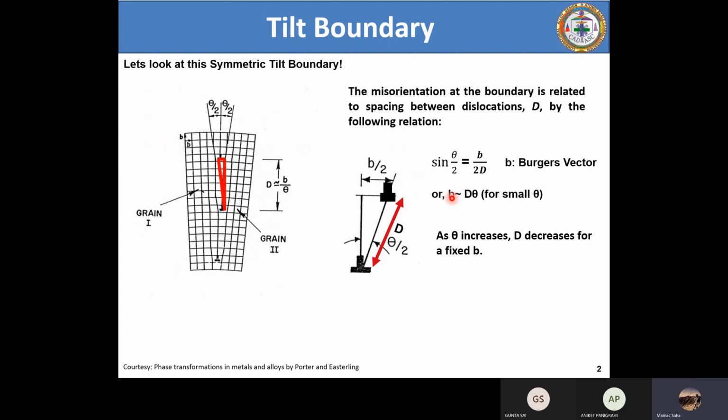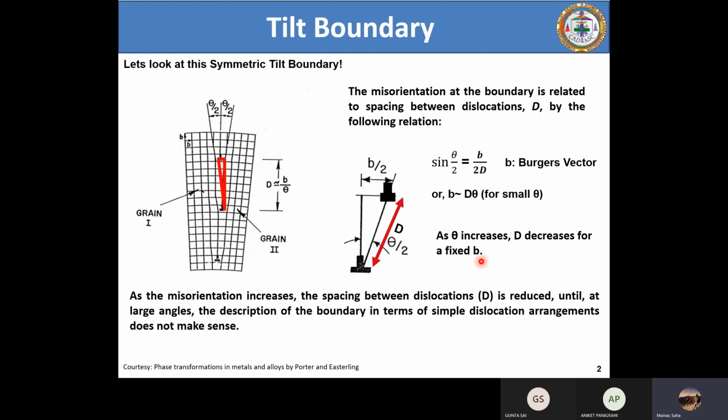So if B is constant, the left hand side is constant. On the right hand side, you are increasing theta. So what will happen? D will decrease, isn't it? Theta increases, D decreases, for a fixed B. So, to answer the last class's doubt, as the misorientation increases, the spacing between the dislocations, D, is reduced.